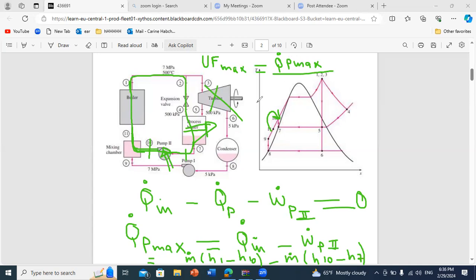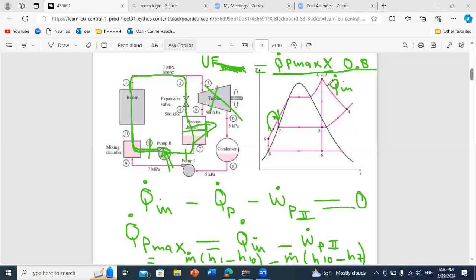So when I give you the efficiency, you cannot say that this is the maximum utilization factor. You say that I am just able to use 80%, for example, of this maximum process heat. So since I'm using only 80%, the useful amount is 0.8 times Q dot max, and I divide by Q dot N. In this way, I can find the value of my utilization factor if I have 100% process heat used.